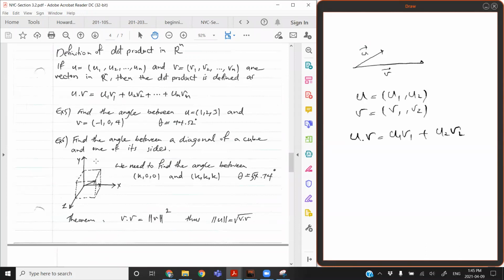Now I can use this in order to find the angle between two vectors. We just learned that cos theta is going to be u dot v over norm of u norm of v.